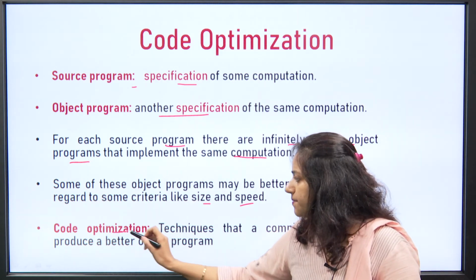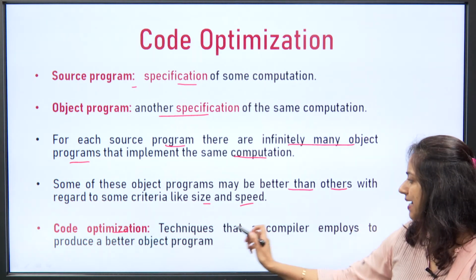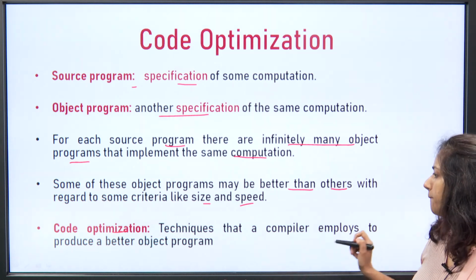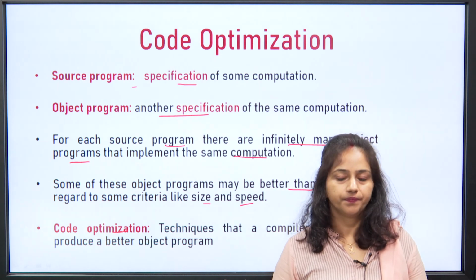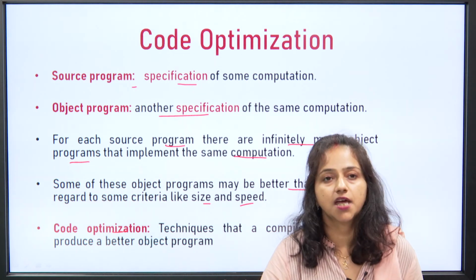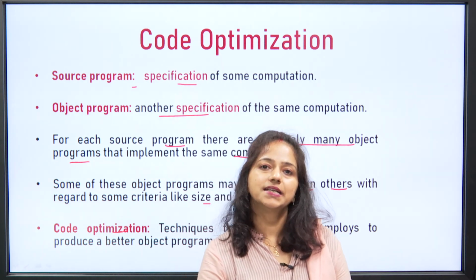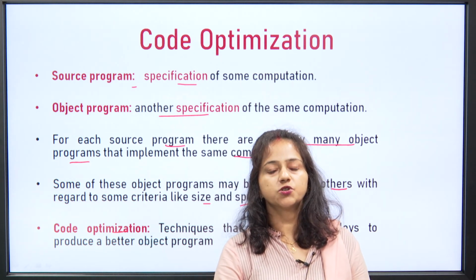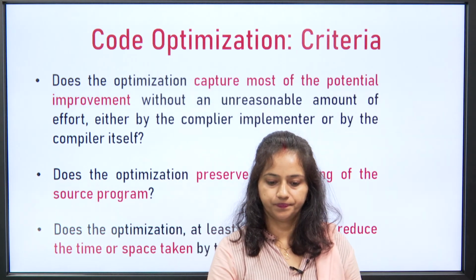The term code optimization refers to the techniques that a compiler employs to produce a better object program. So we need to generate better target code in terms of the space and time required.